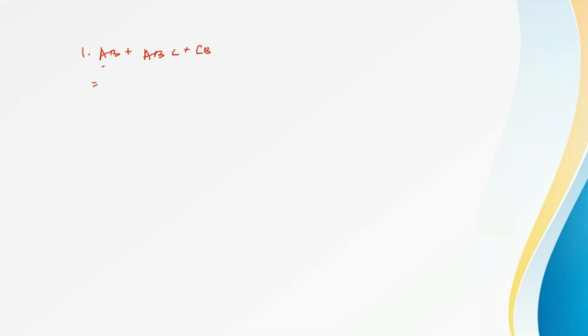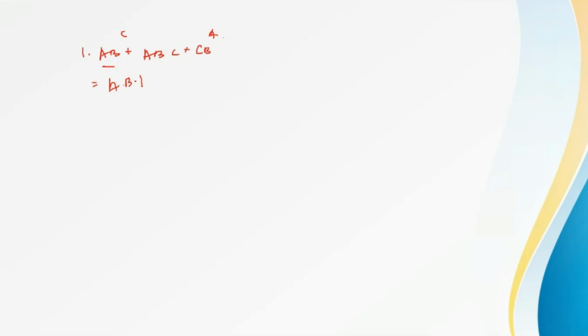So here AB is there, but C is missing, right? Here ABC is there, so no need to add anything. Here CB is there. So what is missing here? A is missing. Correct.